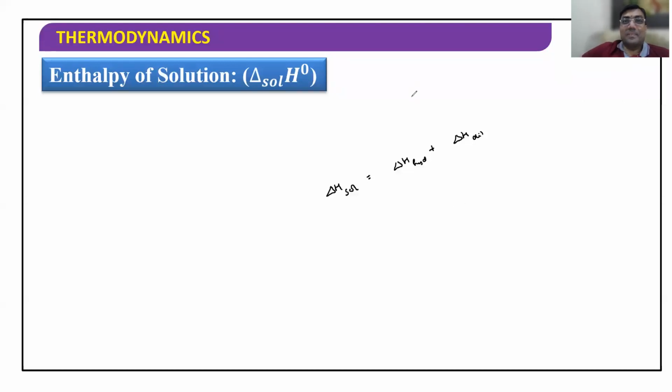Shall I explain? Now listen. CuSO4 solid plus 5H2O gives rise to CuSO4 dot 5H2O aqueous. Clear? So what is this called?